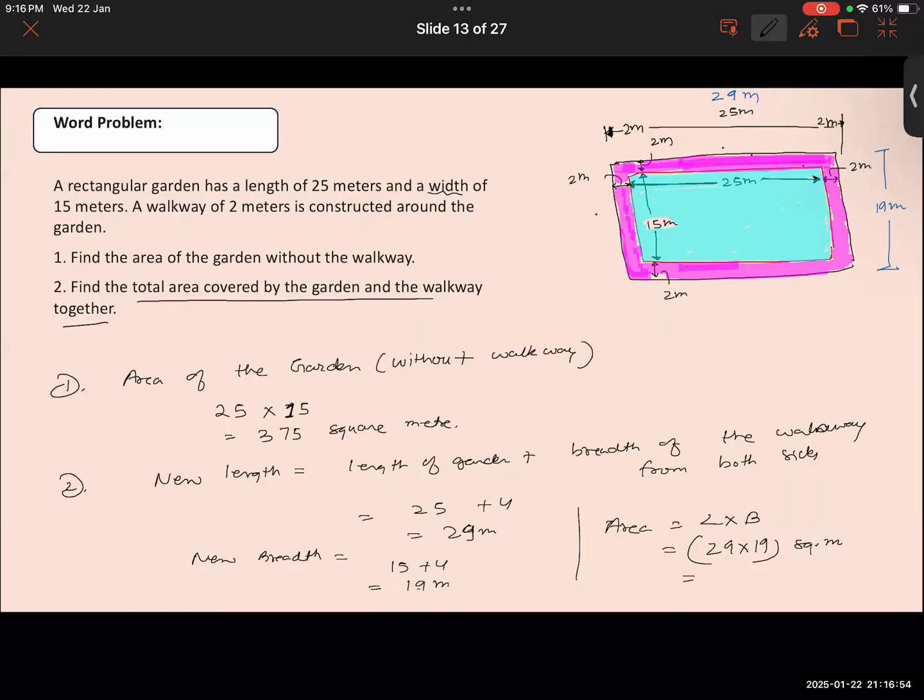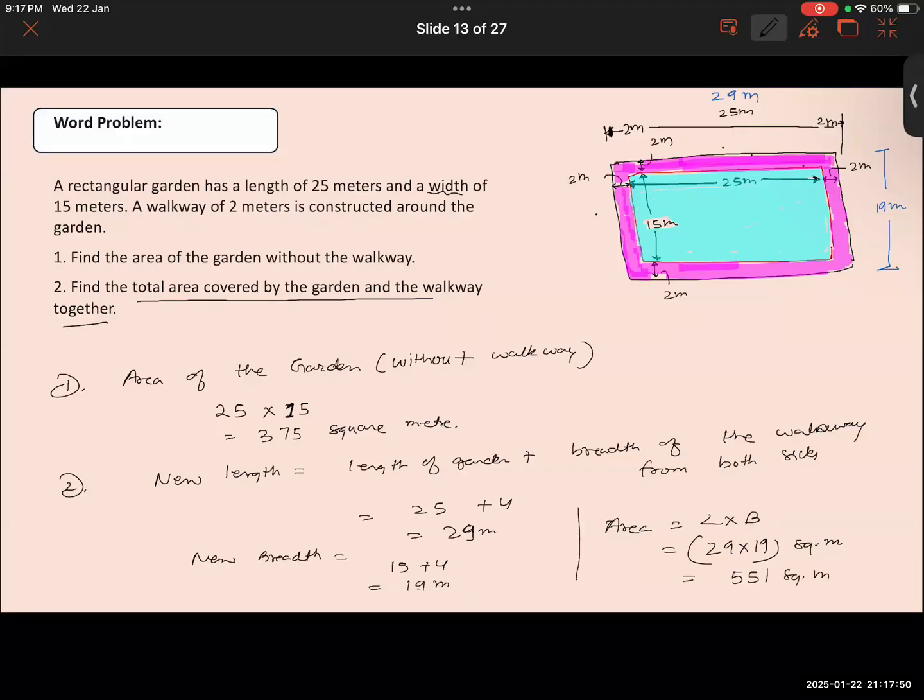Wait, I will do it again. 551. Very good. And the unit is square meters.